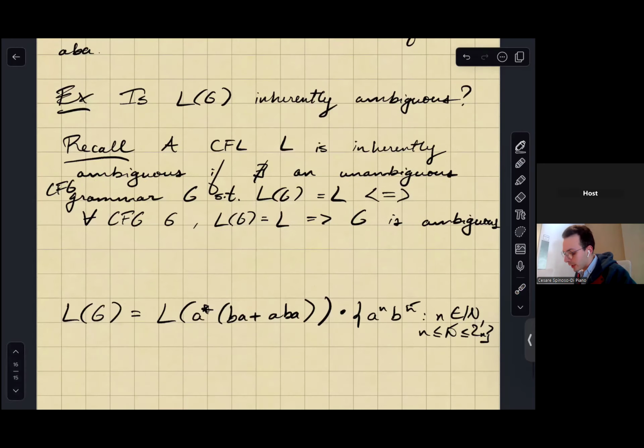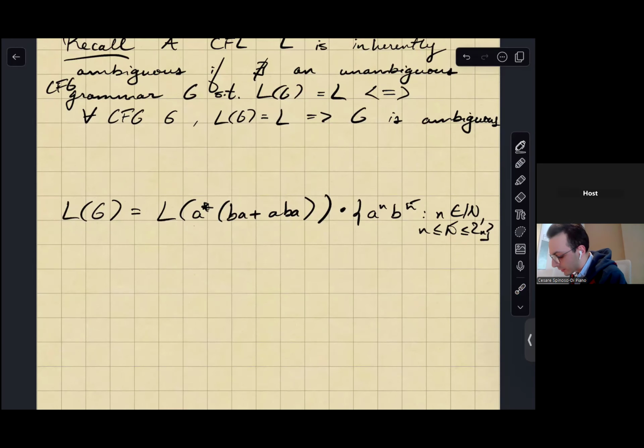The other way to notice that is that A star BA or ABA is equivalent, in terms of regular expression equivalence, to A star BA. This regular expression fires if I have one A at the front, zero A's at the front, or any number of A's at the front. So this extra ABA is redundant, and you can simplify the regular expression as A star BA.